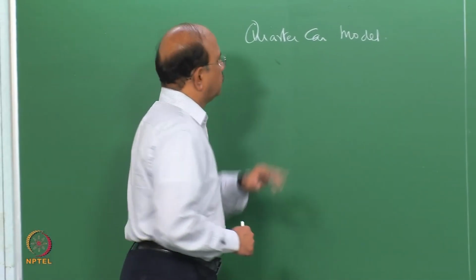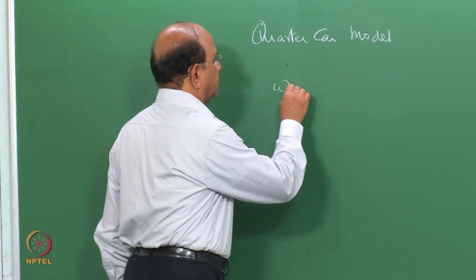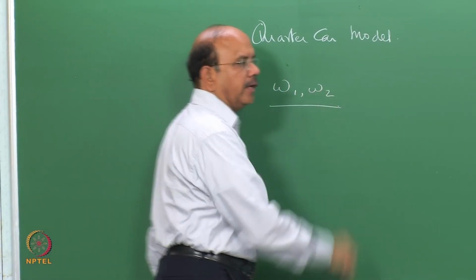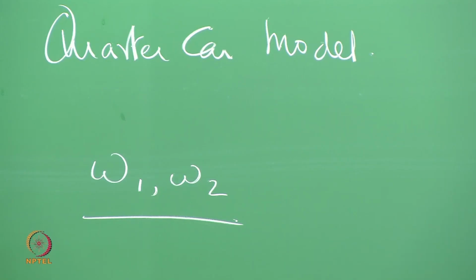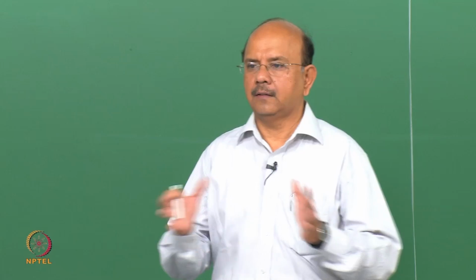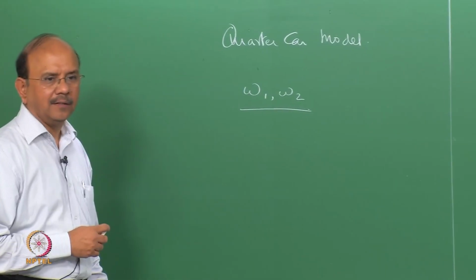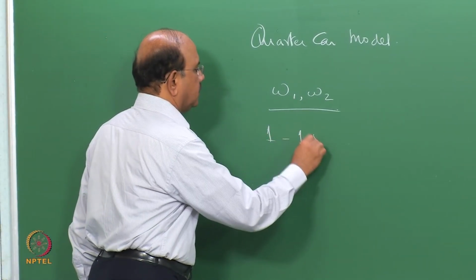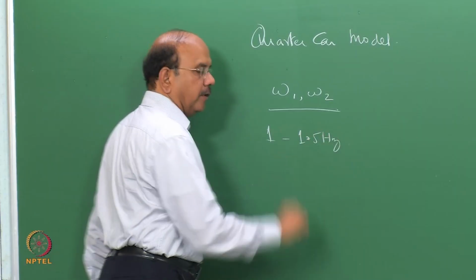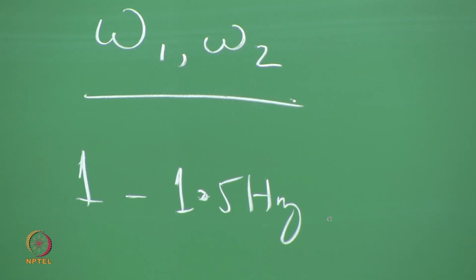Once we did this quarter car model, we also found out two natural frequencies, omega 1 and omega 2. And we said that these natural frequencies are spaced such that the first, omega 1, the lower one, is typically between 1 to 1.5 hertz, and has everything to do with the body of the vehicle.